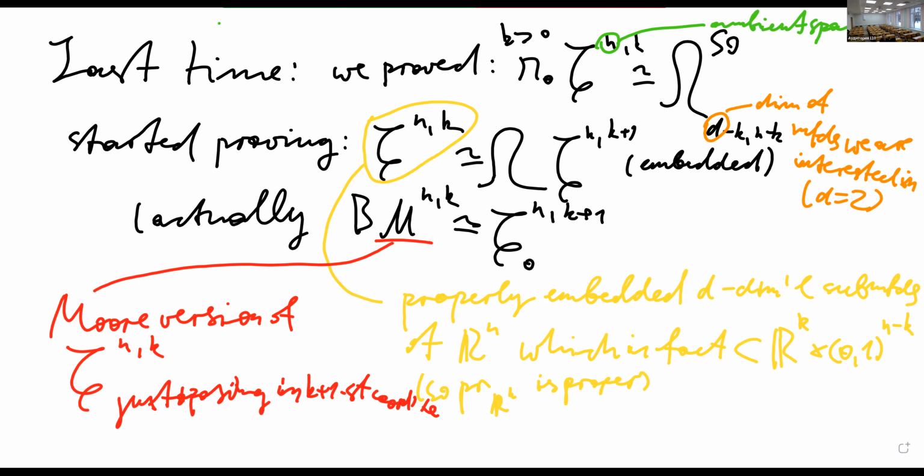And philosophically, C and K and B and M and K are almost the same. Okay, does the rest make sense?